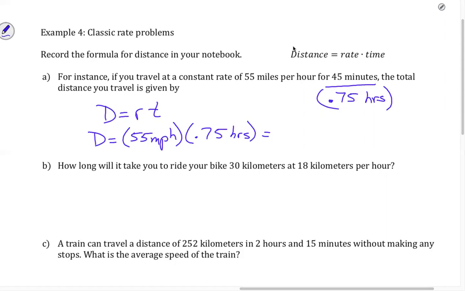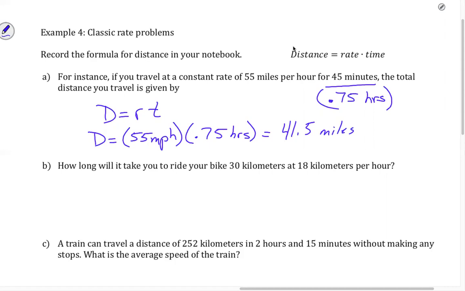And that's going to be, let's see, 13.75 times 3. So that's 41.5 miles.